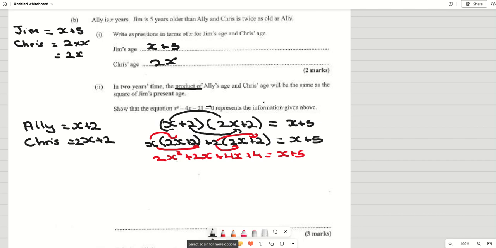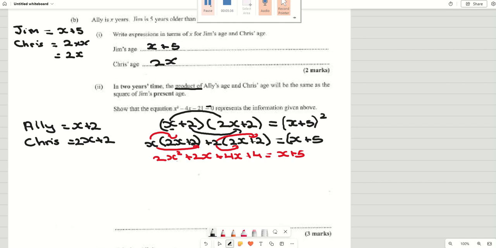Please note I forgot to do this: it is the same as the square of Jim's present age. So you're squaring this. Now let's square this.